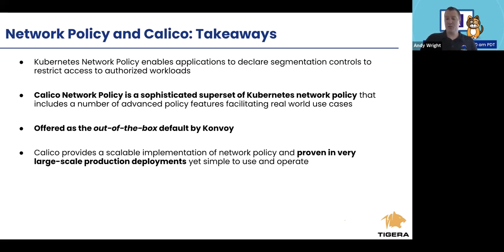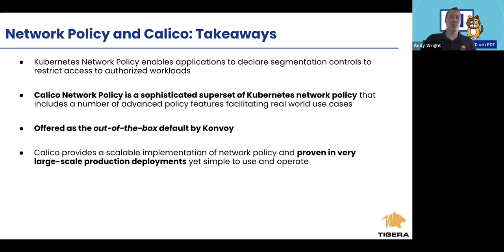Calico is just one network policy engine. There are others that you can use out there, but Calico is pretty much the industry standard today. It's embedded inside of every platform that you would plan to use. So you might start out experimenting in something like EKS and decide that you want to deploy back on-prem or self-manage using Konvoy. Your network policies are going to work across any environment if you're using Calico.